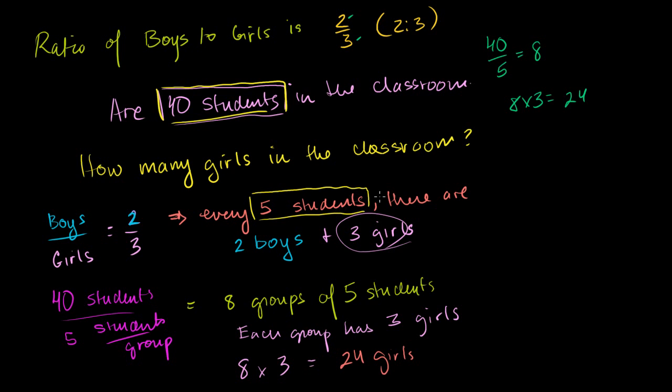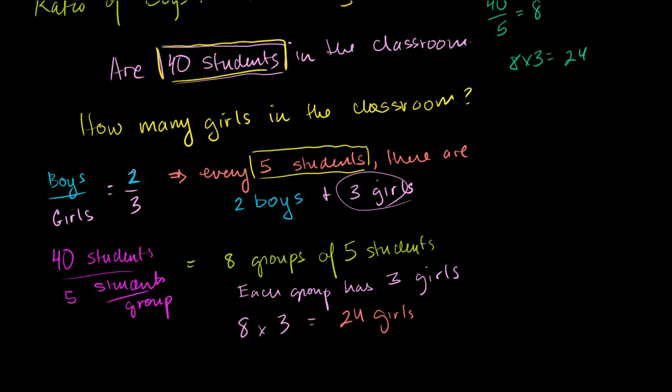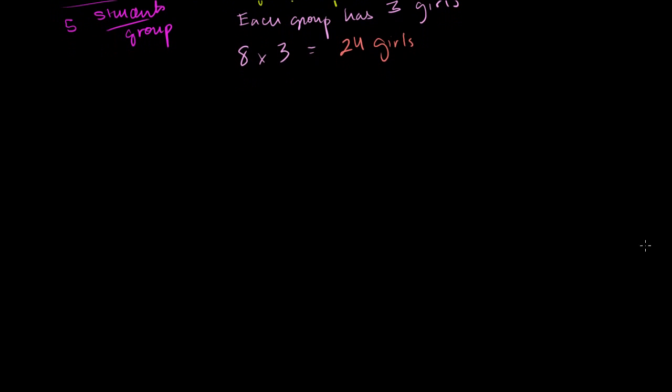Let's do one that's a little bit harder than that. Let's do one where I say that the ratio, well, let's go to the farm example. The ratio of sheep, I'll do sheep in white.